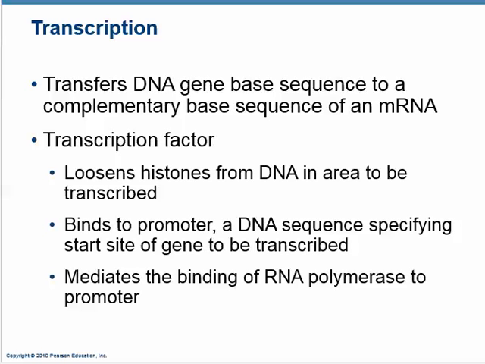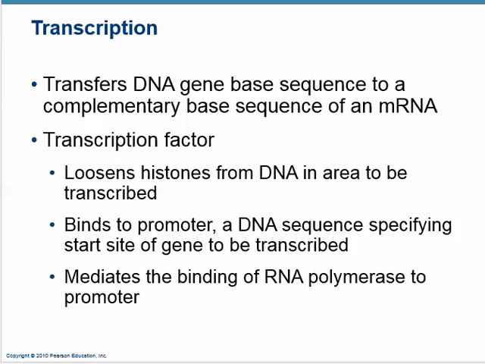So if the DNA has a triplet of TCG, then the messenger RNA codon that would be formed off of that would be AGC.